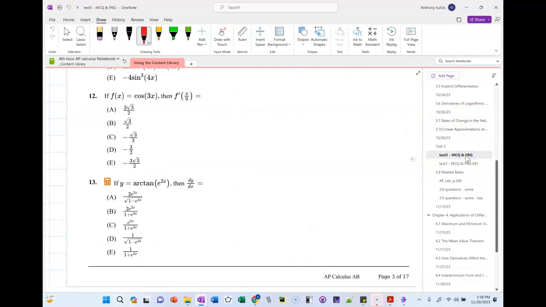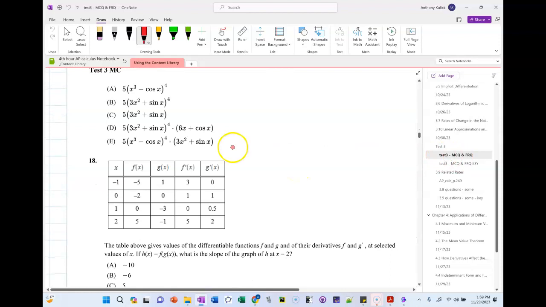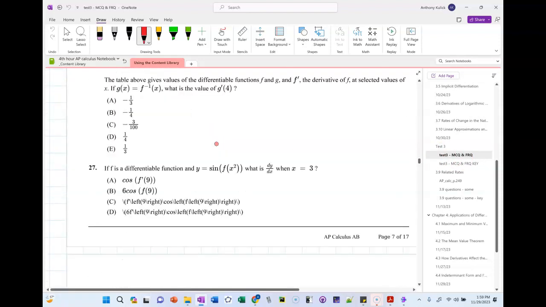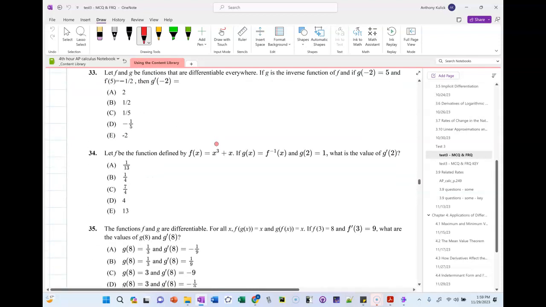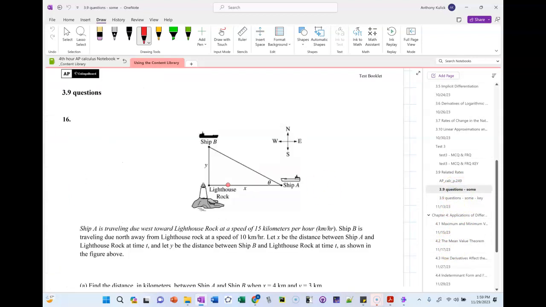Let's look at what I picked. What did we do here? Oh, I'm looking at the wrong thing. There, that's what I was looking for.